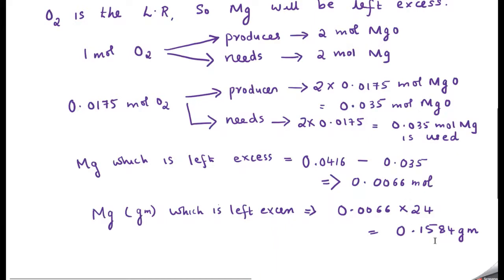If you convert this into grams, the answer will become 0.1584 gram. Sometimes they can ask you how many molecules of magnesium are left behind. In that case, you need to convert this mole to number of molecules. We know that 1 mole is equal to Avogadro number of molecules. So 0.0066 mole means 0.0066 into Avogadro number. So you will get the number of molecules.